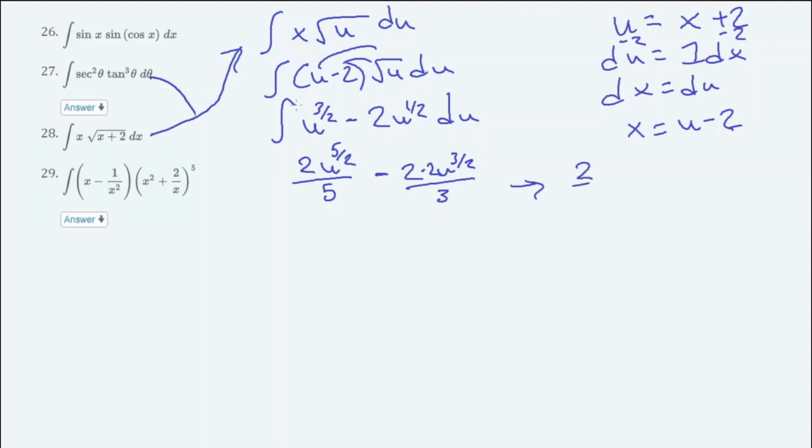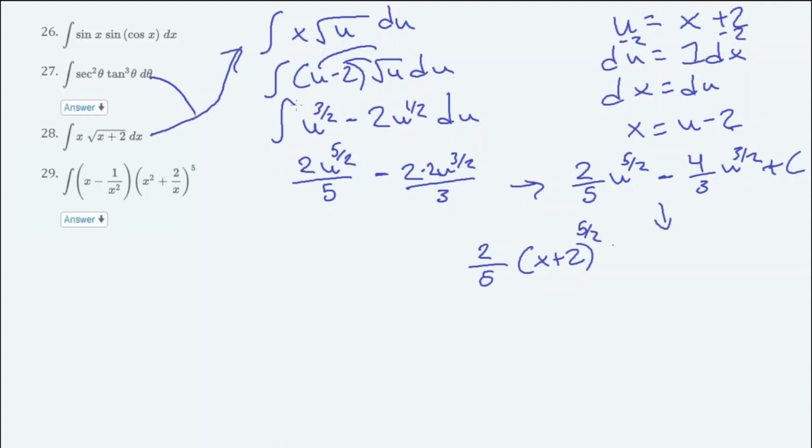It's going to be 2 over 5 u to the 5/2 power minus 4 over 3 u to the 3/2 power, plus c as well. All we need to do now is plug in for u, which is x plus 2. So as our final answer we have 2 over 5 times x plus 2 to the 5/2 power minus 4 over 3 times x plus 2 to the 3/2 power plus c.